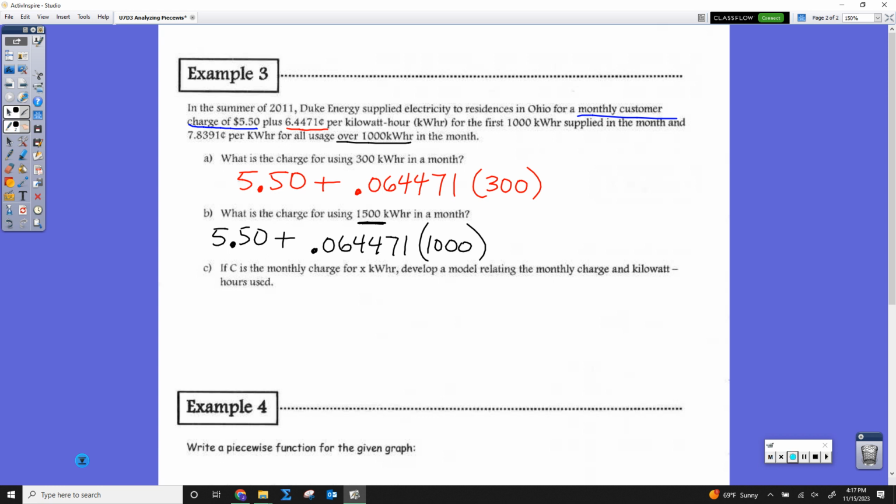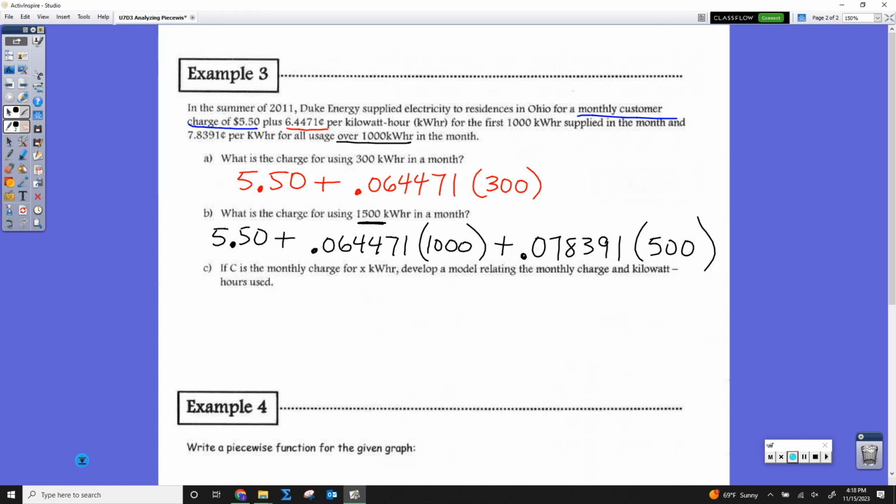And then after that, they hike up the price to 0.078391. We've already paid for the first 1,000, and we only do this for the stuff that's over 1,000. So 1,500 means just 500 more kilowatt hours we have to pay for, at that higher price.